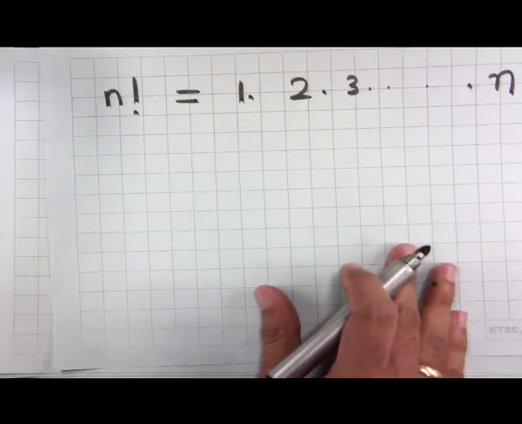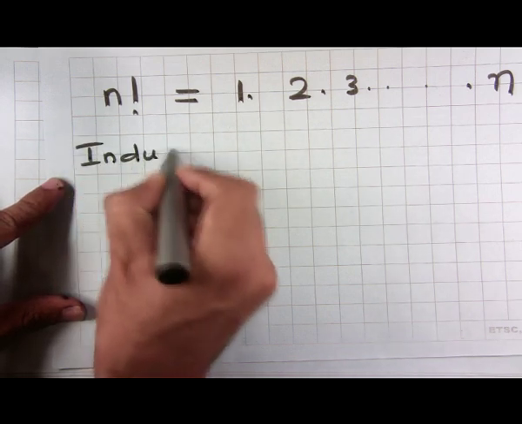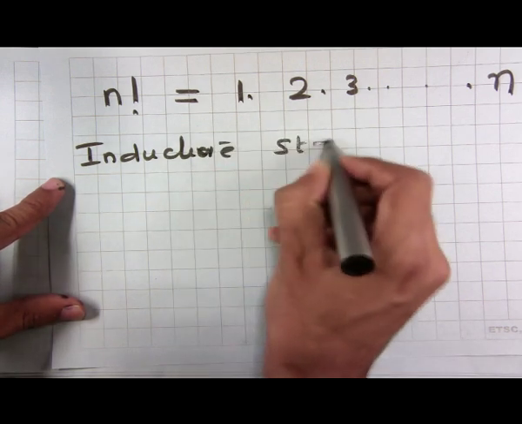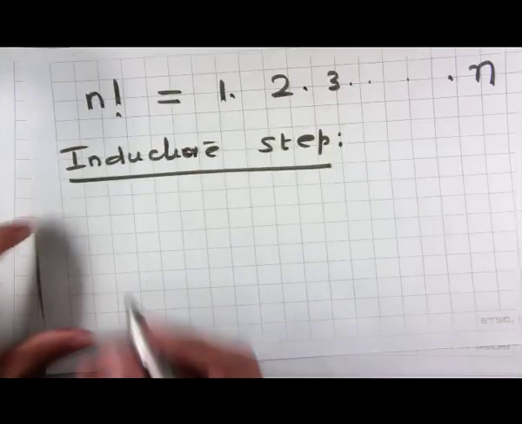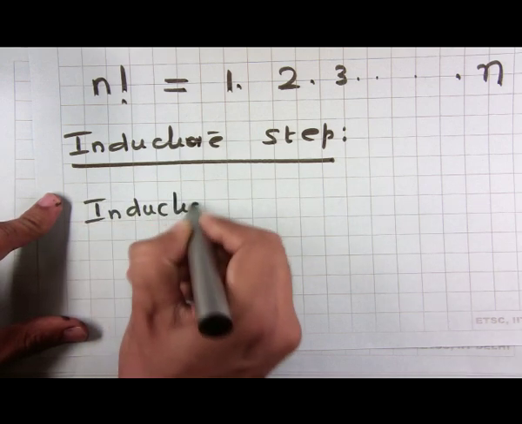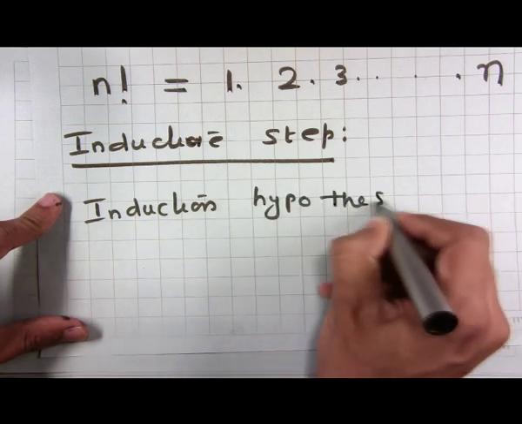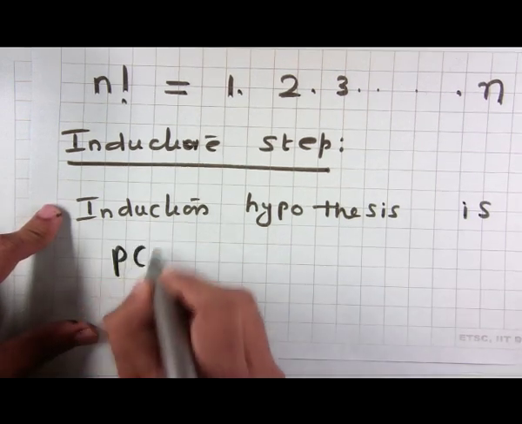Now, let us go to the second step, namely the inductive step. Induction hypothesis is P of k is true.